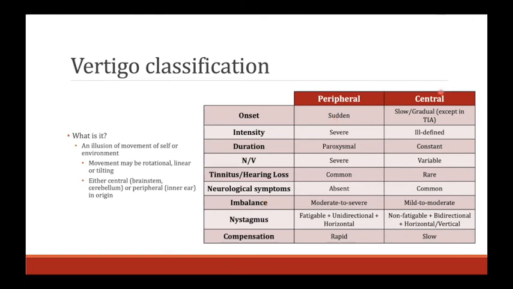In someone with central vertigo, especially someone having a TIA or eventually a stroke, this compensation is really slow. By the time they realize something is going on, it's far too late, and they probably would have already collapsed. So it's really important to take a thorough history in someone presenting with vertigo. Hopefully that explains compensation a little better.